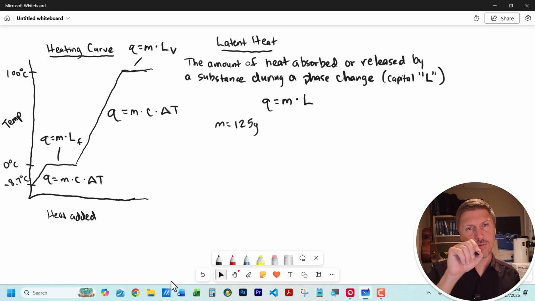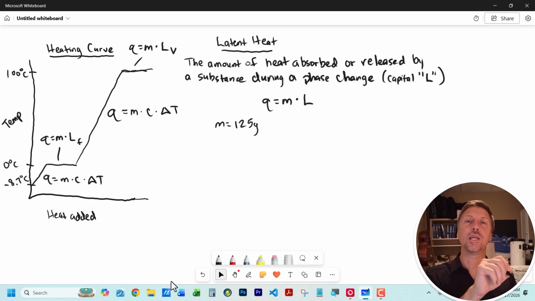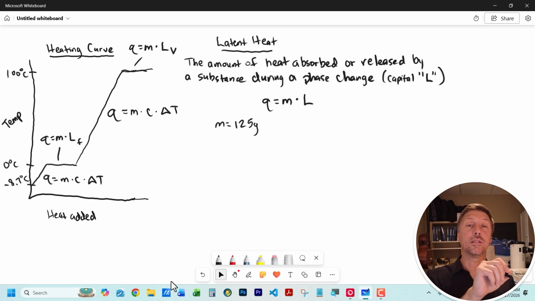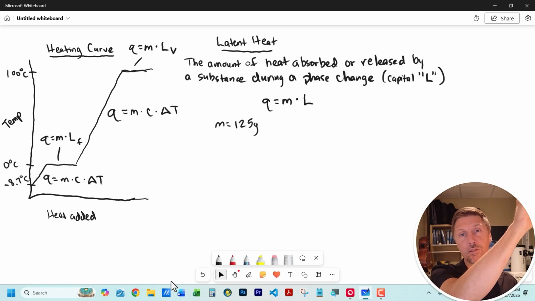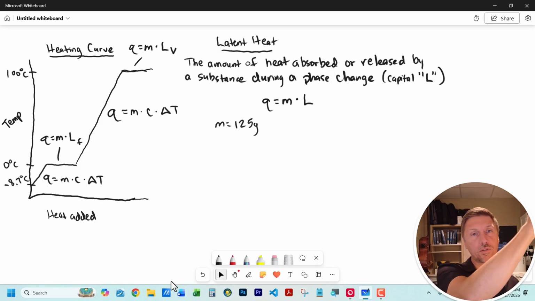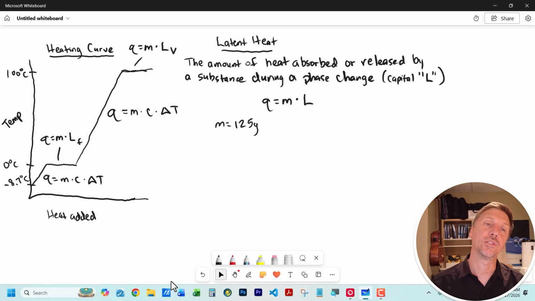At that point, it's going to level off because the ice is going to begin melting. Once it's fully changed to that liquid phase, then the water, which is now liquid, is going to start heating up again, all the way to 100 degrees Celsius. And at 100 degrees Celsius, the curve is going to flatten out again as all of that liquid water changes to vapor.